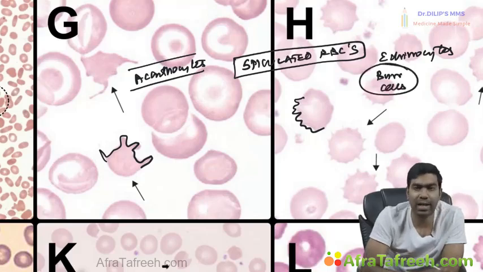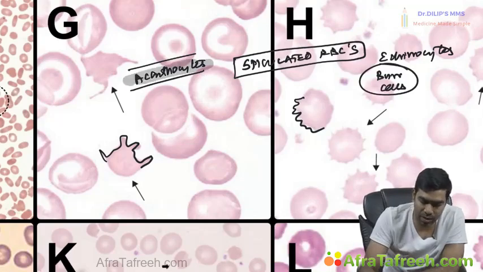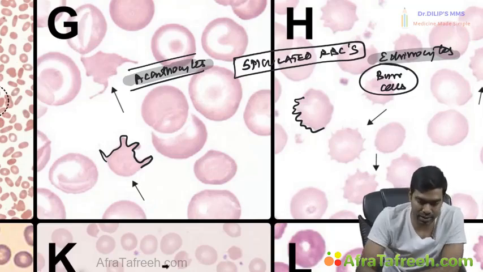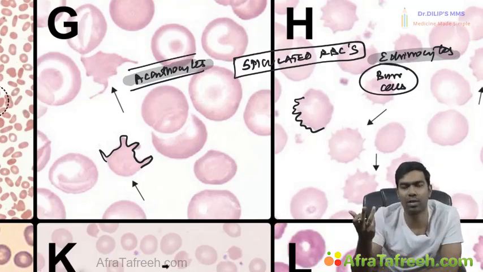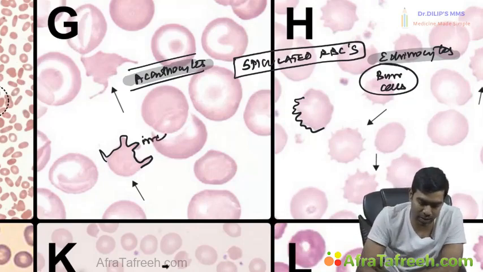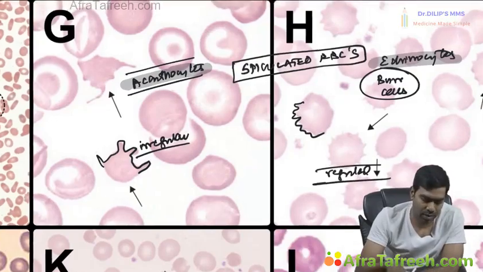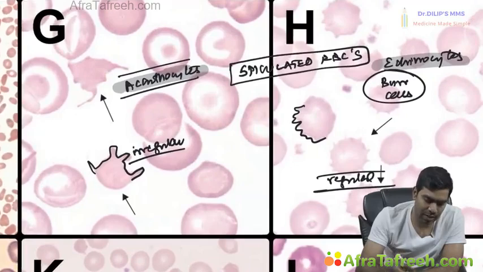Both acanthocytes and echinocytes may coexist, which means the only difference between them is the nature of the cytoplasmic projection. If it's an irregular cytoplasmic projection, you call it an acanthocyte. If it's a regular cytoplasmic projection, you call it an echinocyte or a Burr cell. Simple. So what are the conditions where you can get an acanthocyte?